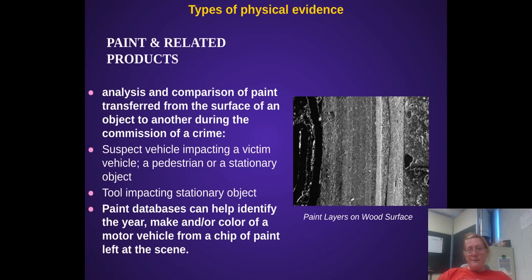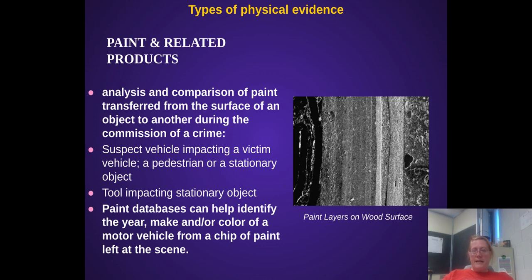Paint and paint related products. Again, there's huge databases out there. So if somebody hits your car and you go over the edge into a ditch, they can use that paint that was left on your vehicle to say that this was on Nissans that were made between 2008 and 2016.